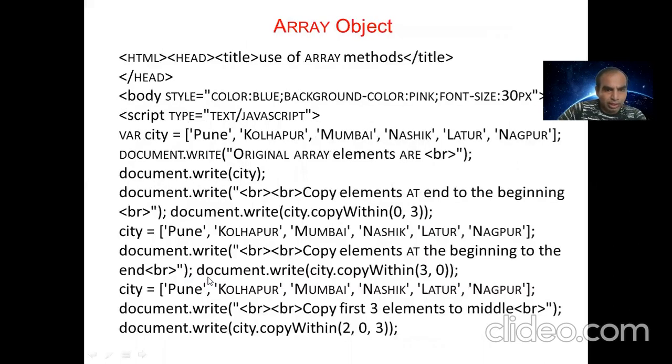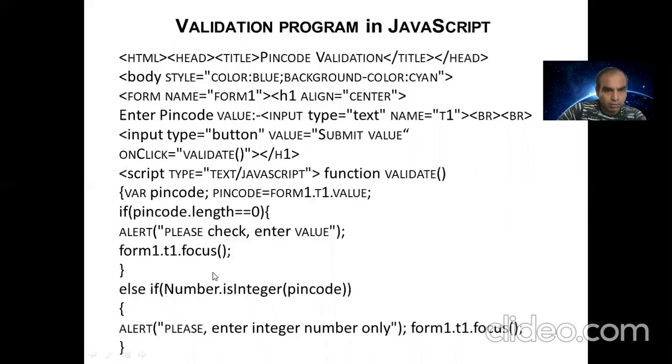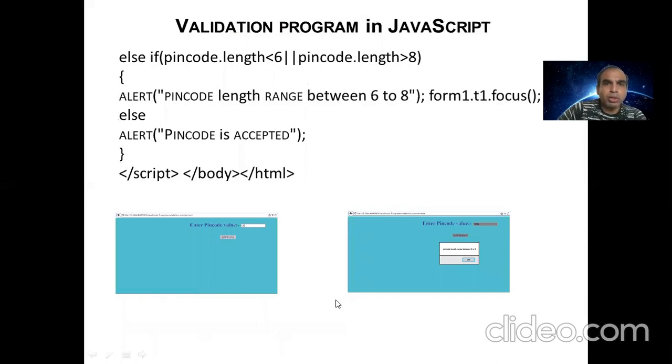Else if the given number is an integer, then alert "please enter integer number only." Otherwise, if pin code dot length is less than 6 or greater than 8, alert "pin code length range is between 6 to 8." So these are all the validation parts. And if everything is correct, they show the message "pin code is accepted."